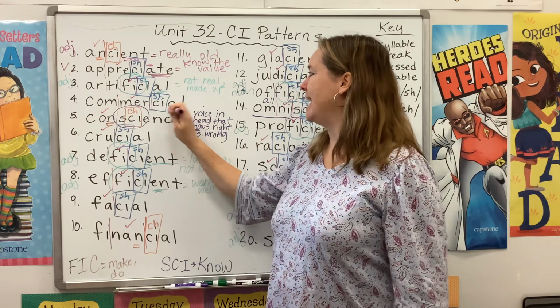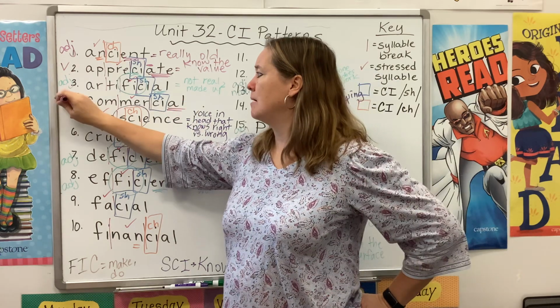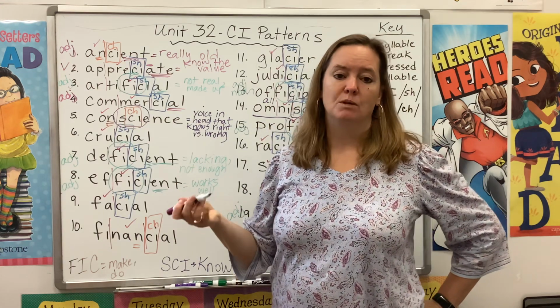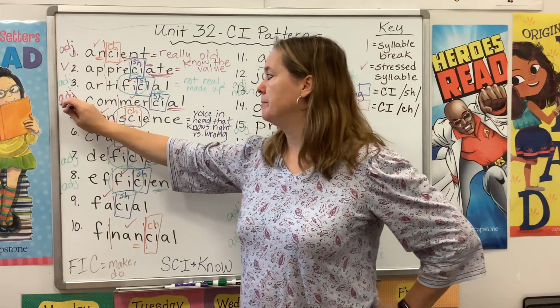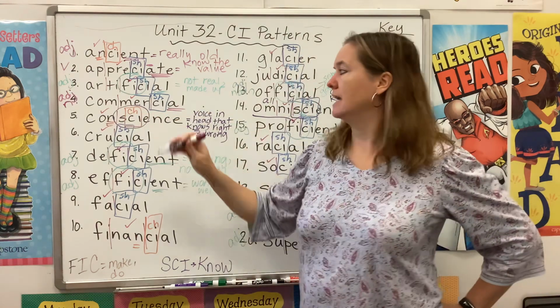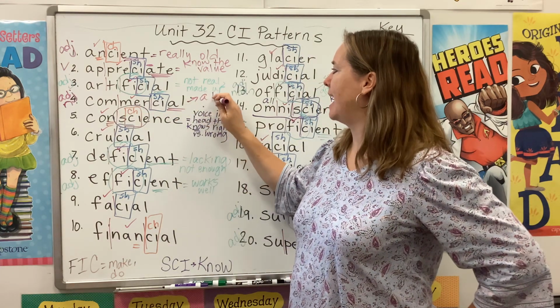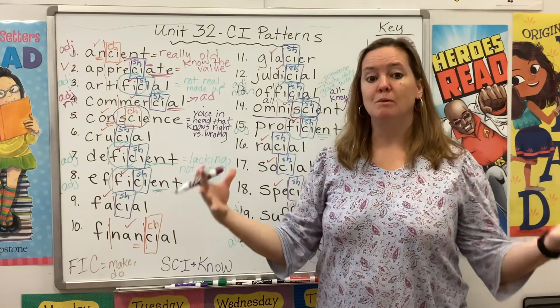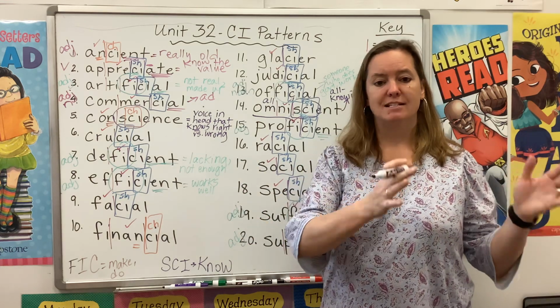Commercial, there's that AL suffix, which means it can be used as an adjective, but it can also be used as a noun. Think of words like hospital or numeral. So a commercial can be an ad, like an ad on TV. But if you're talking about your community, your town, there are different zones.